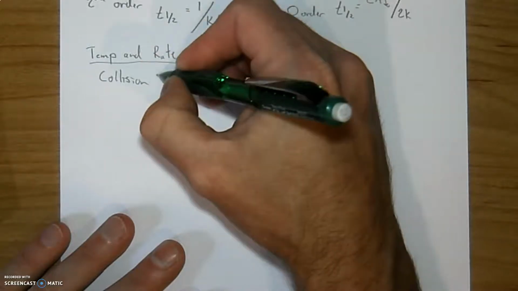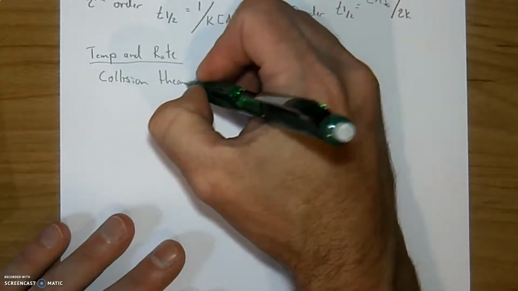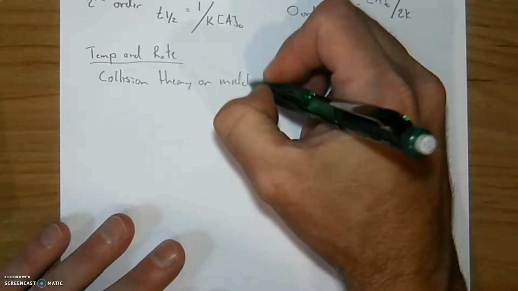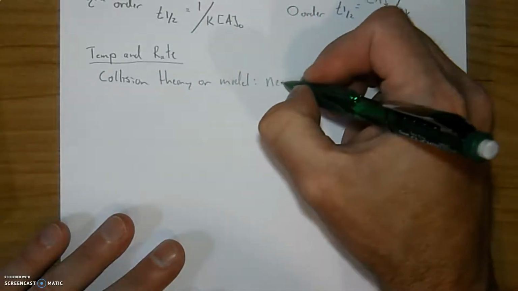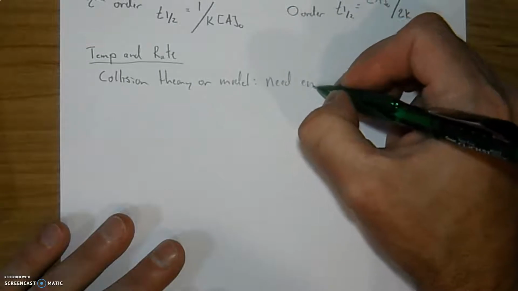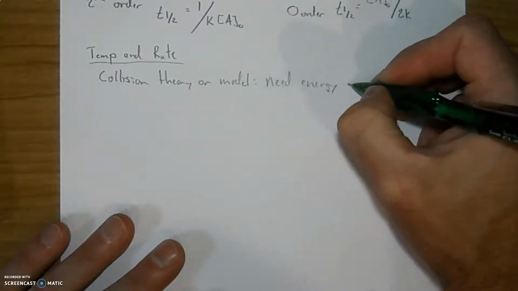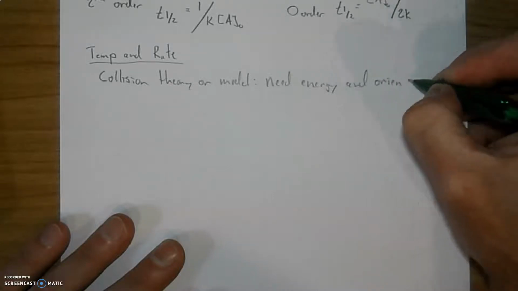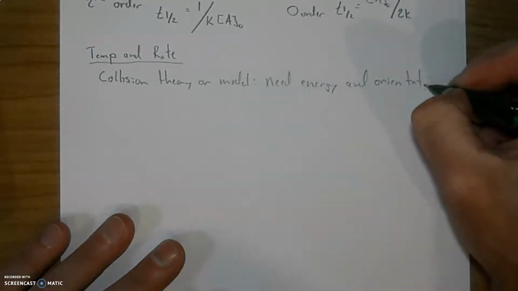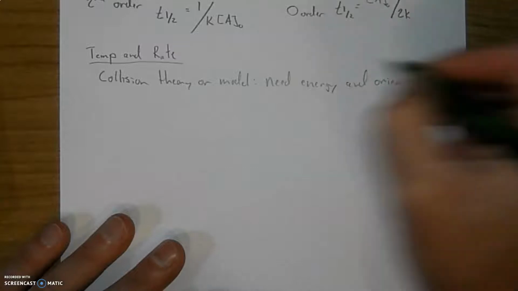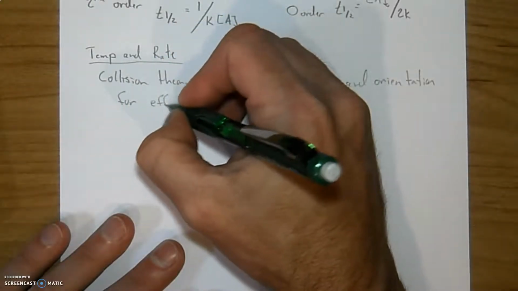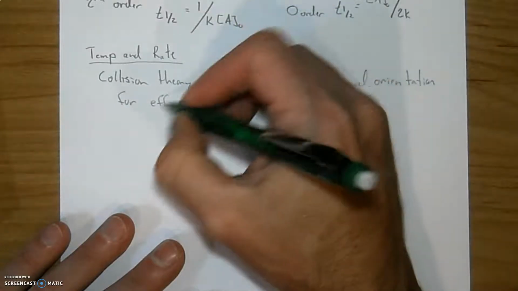Collision theory or model. What that tells us is we need energy and orientation for effective reactions.